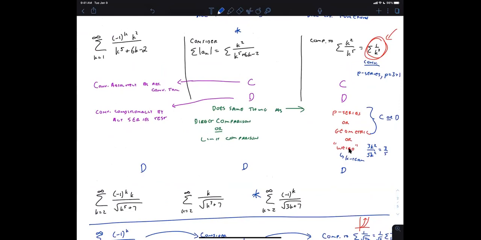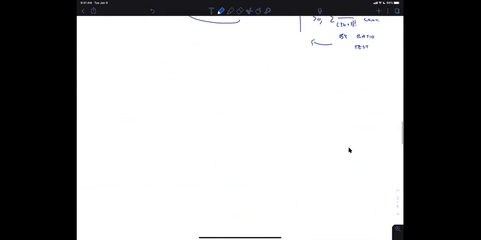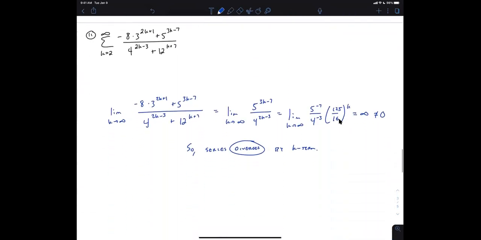Well, okay, it's weird when the limit of the thing isn't 0. And so when you get over there, it's 125 over 16 to the k. That is geometric, so you could go with that. But the fact that 125 over 16 to the k goes to infinity means that it's going to diverge by the k term test.